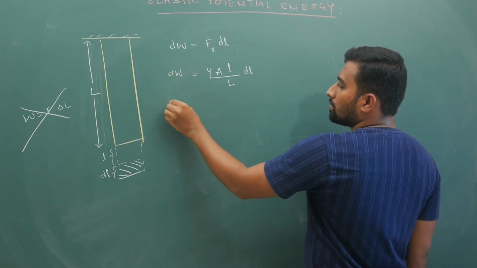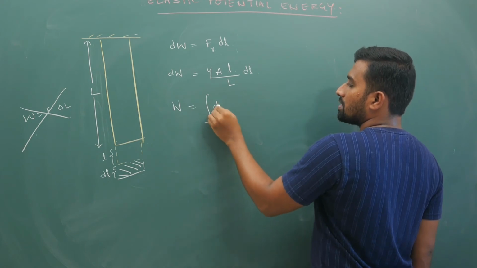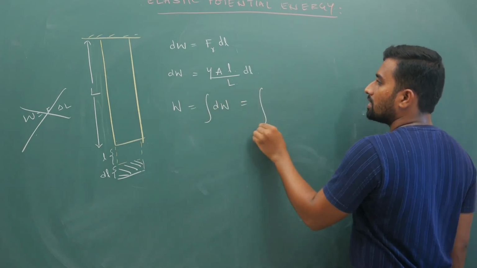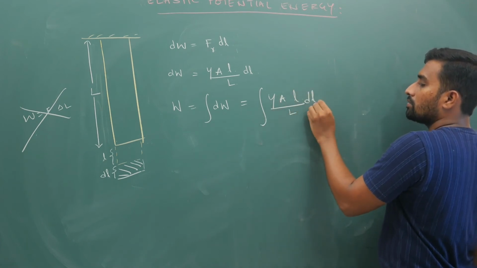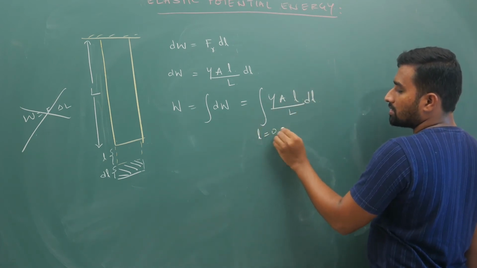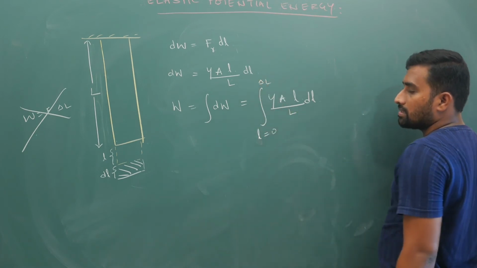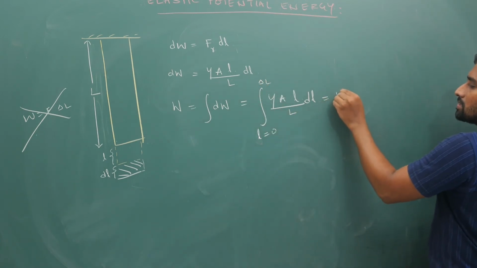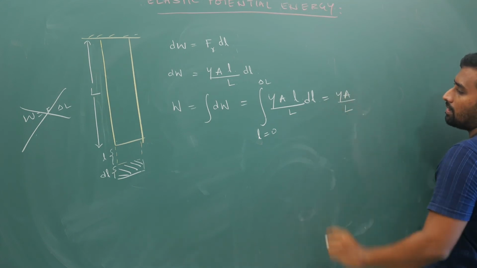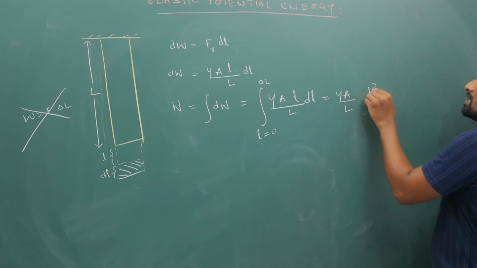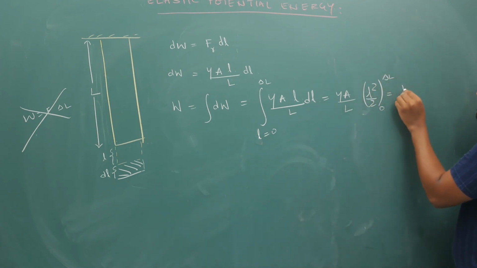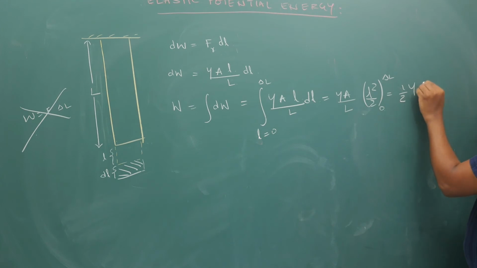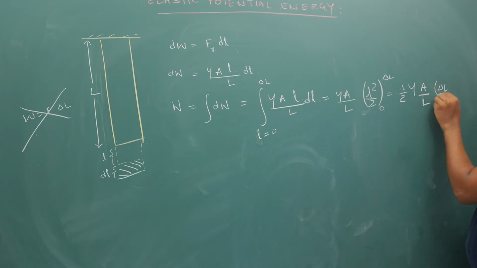Now your total work done is W = ∫dW, that is the integral of Y into A into l by capital L into dl, where l is varying from 0 to delta L. If you simplify this, you are going to get YA by L into l square by 2 from 0 to delta L. That is half into YA by L times delta L whole square.